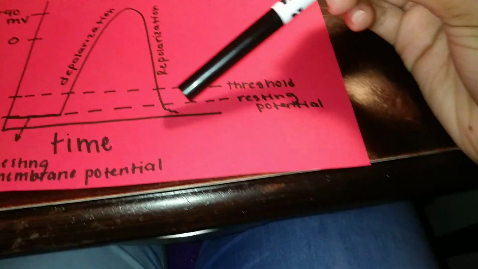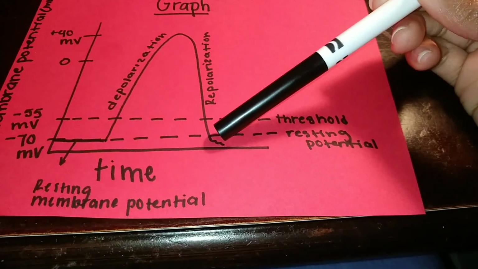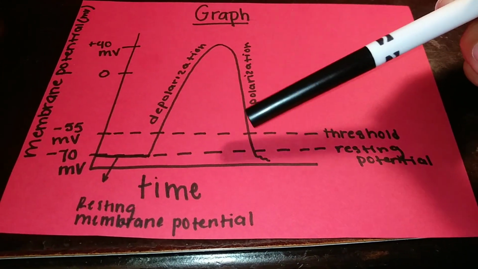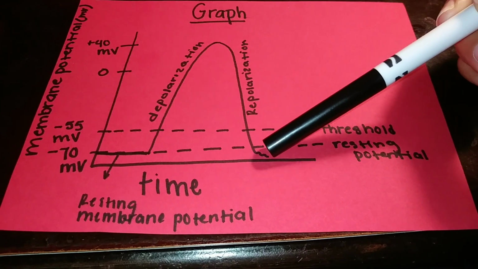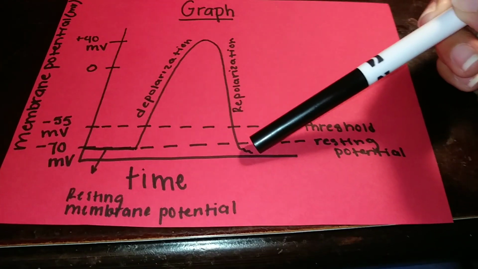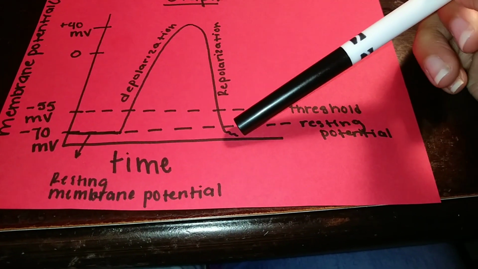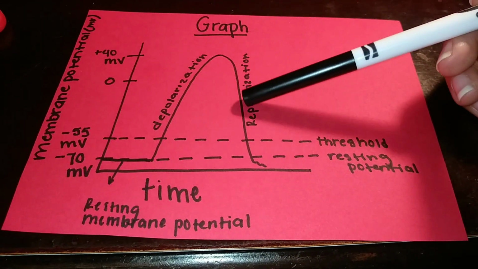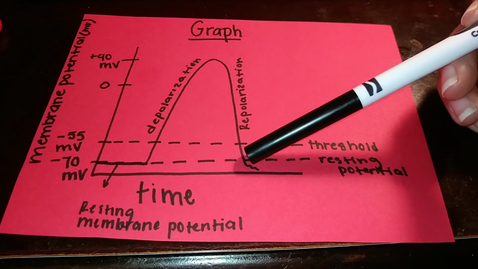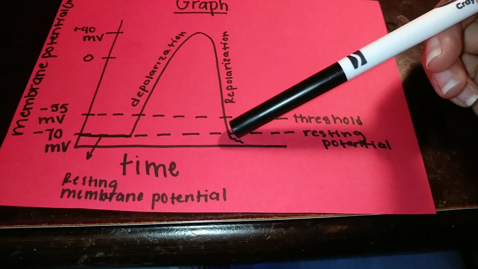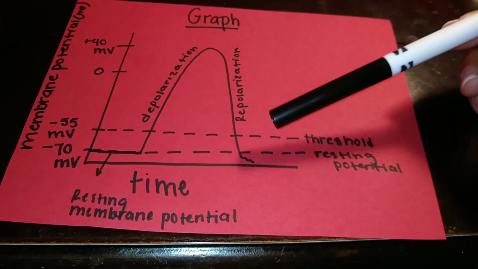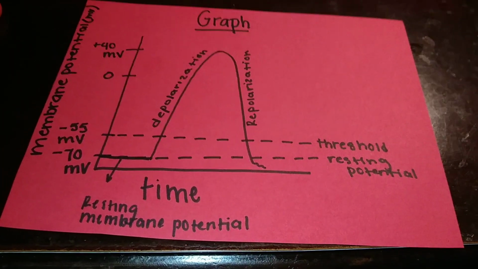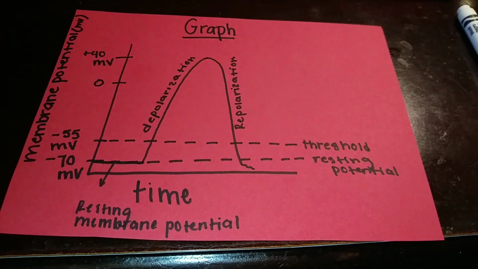Like I said, it goes below the threshold and below negative 70 mV. It's just going to decrease and decrease, going below negative 70 mV. And now we're going to talk about the very last step of this action potential process.